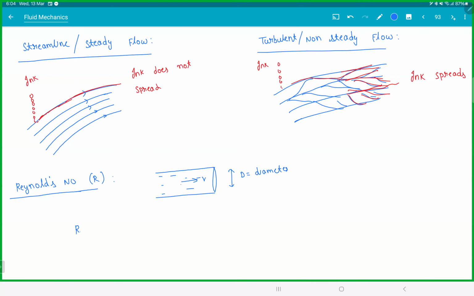So the Reynolds number R is given by rho V D by eta. Rho is density, D is diameter, V is velocity or the speed of flow, and eta is called the coefficient of viscosity.